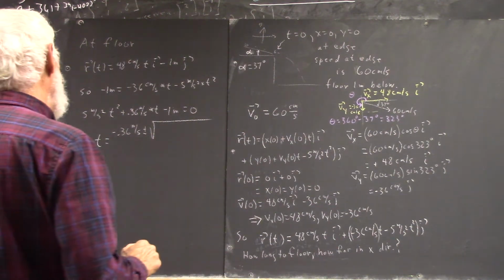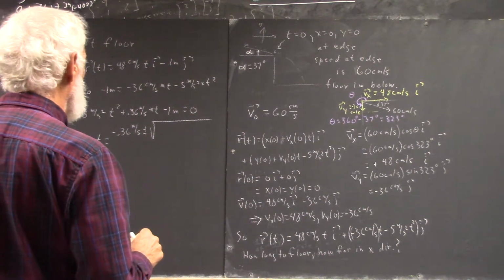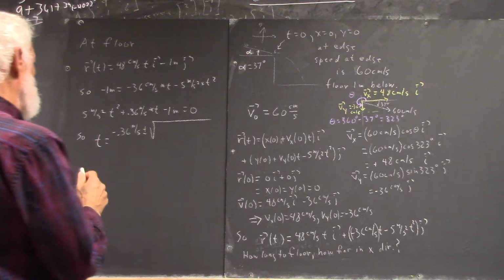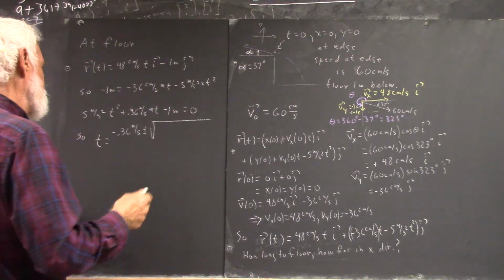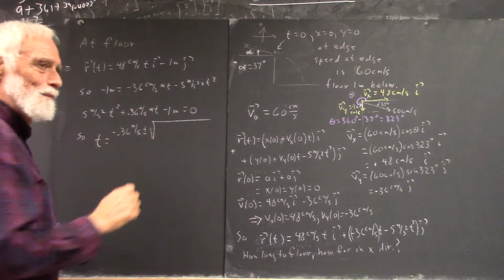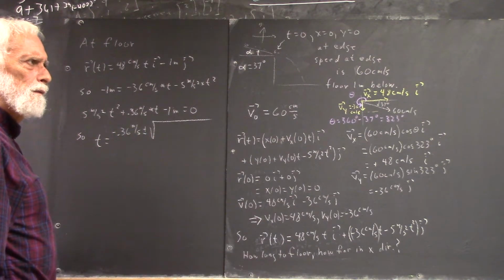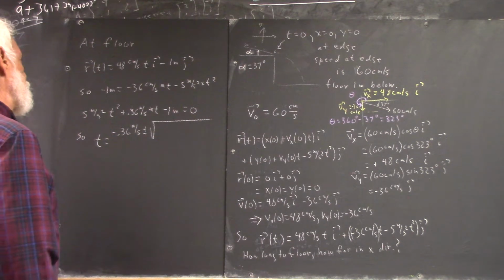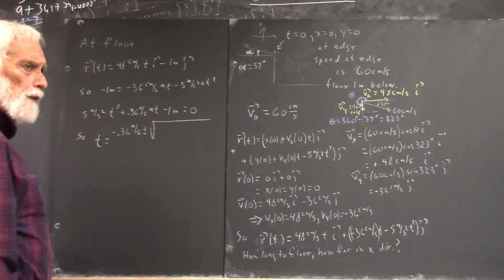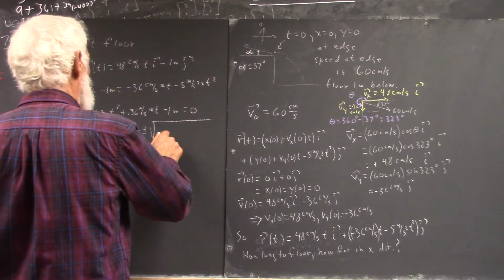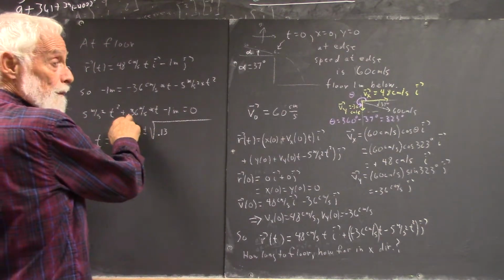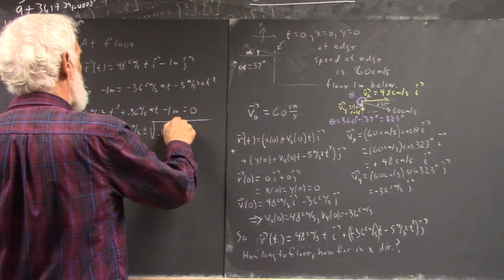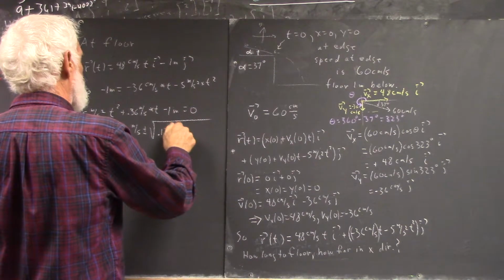The square of 0.36 is 0.1296, that's 36 squared, 1296. So that'd be 0.13, squaring this, meters squared over seconds squared.